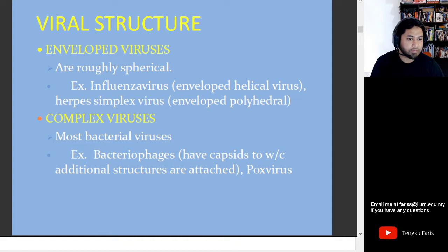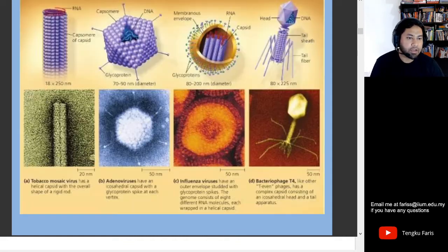Most of the time we talk about the bacteriophage invading the E. coli system. This is just an illustration to show you the different capsomere arrangements that give rise to a different structure or shape of the virus, whether it's helical or icosahedral, whether it's an enveloped virus or the bacteriophage or complex virus.